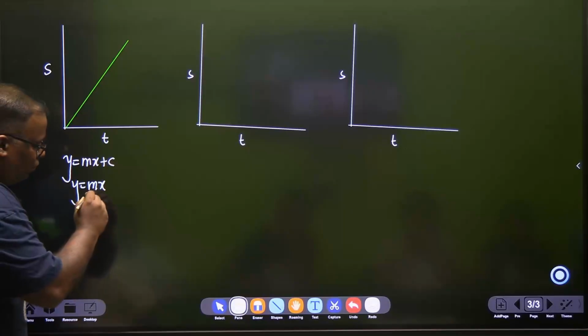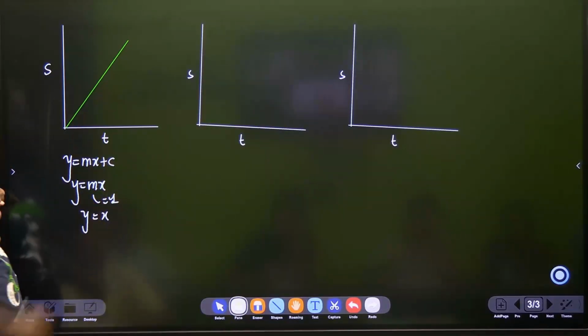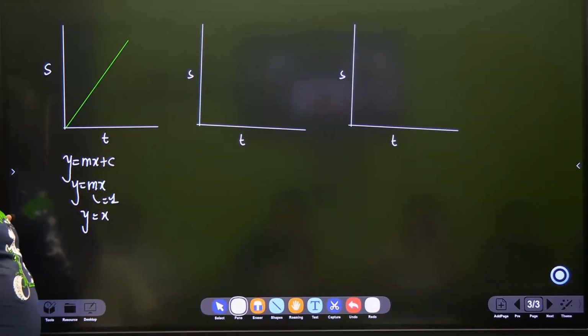If the value of m is made as 1, then y is equal to x. Y equal to x is a line which will always be at 45 degree. Now you just think all equations y equal to 2x, y equal to 3x, y equal to 4x will always be straight lines passing through the origin because they don't have any y-intercept.